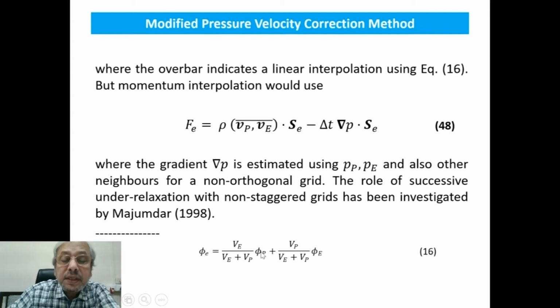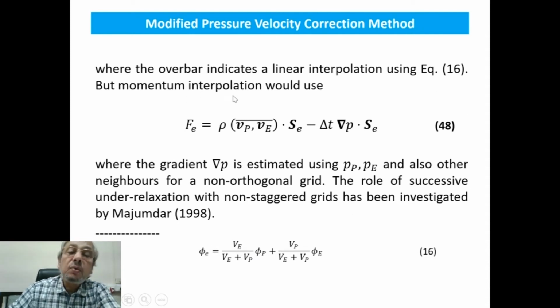Phi P is at the center of cell P, whose volume is Vp. Phi E is at the center of cell E, whose volume is Ve. This linear interpolation, a kind of central difference, gives us phi e at the face center.